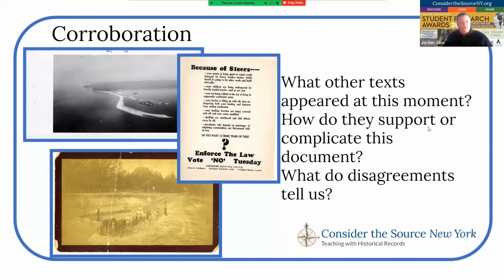You look at one document and you say, oh yeah, that makes total sense. I completely agree with that. But then you can maybe look at 3 or 4 other documents and realize, oh, there's more than one side to the story. And what does that tell us about the history and what happened and why things ended up the way they did? And especially disagreements. So, in an age where we struggle with discourse and having conversations, these things have been going on for centuries.